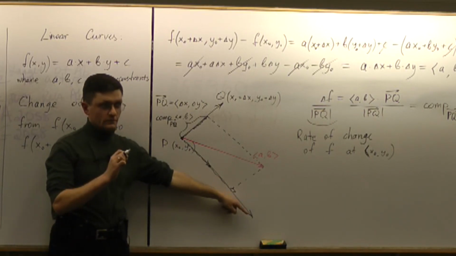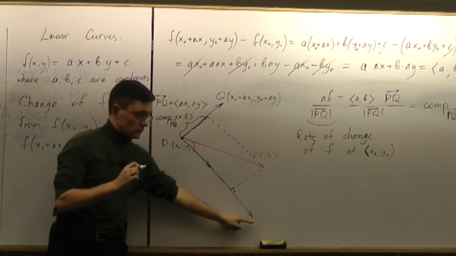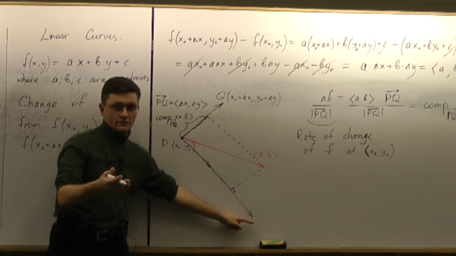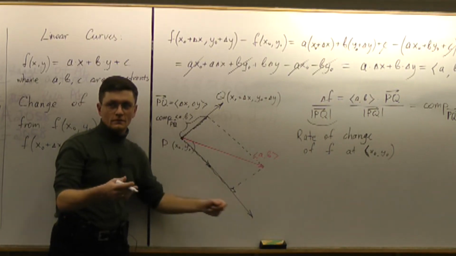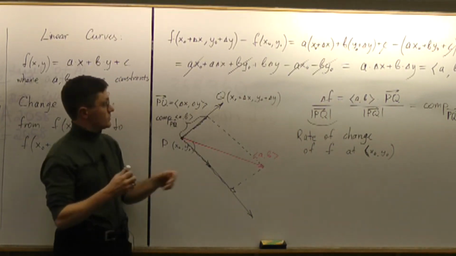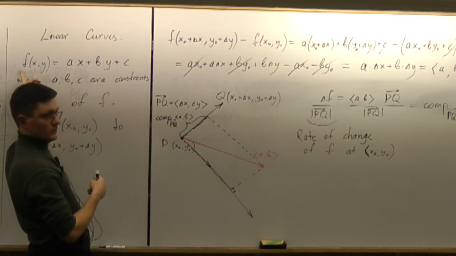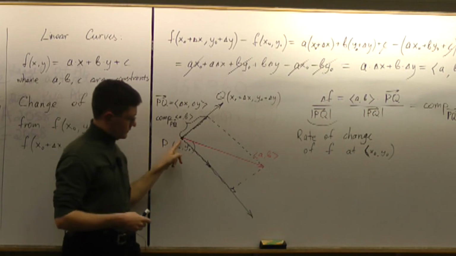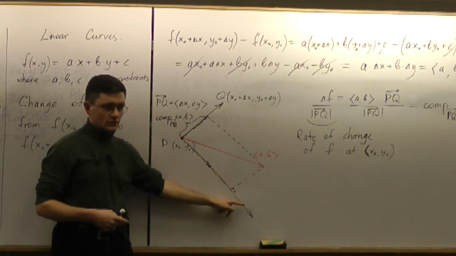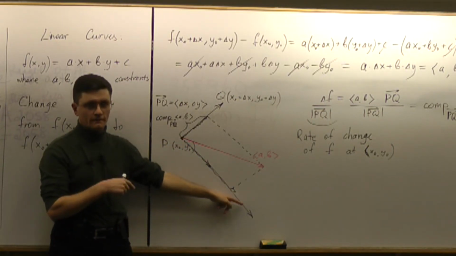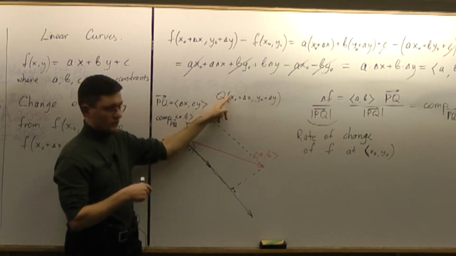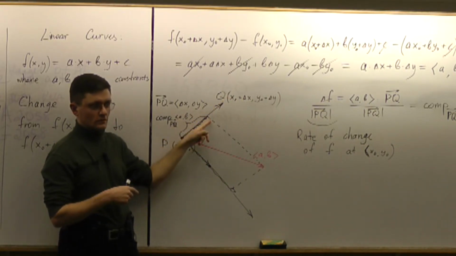Change is different, right? The further you go, the more change you have. Isn't that what you expect? The more you change x and y in the formula, the more you change the value. But if you go in the same direction, the rate of change stays the same. Well, of course, if you go in a different direction, the rate of change changes. It might be different.